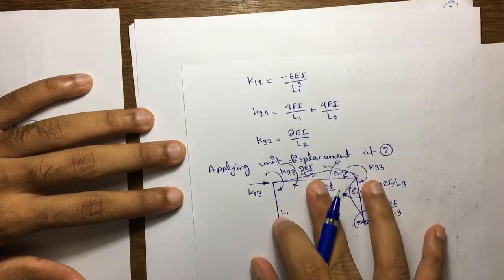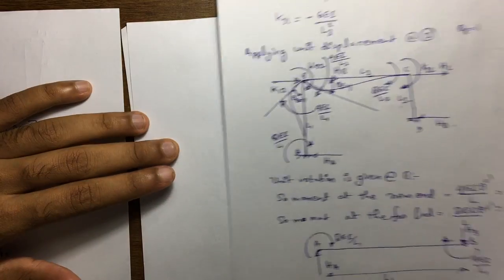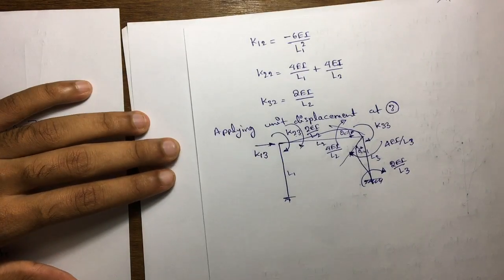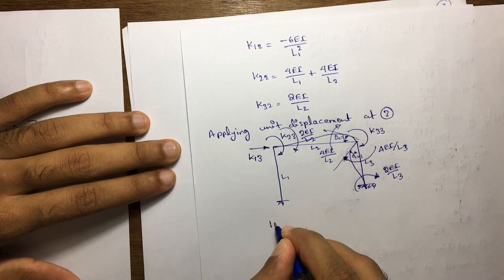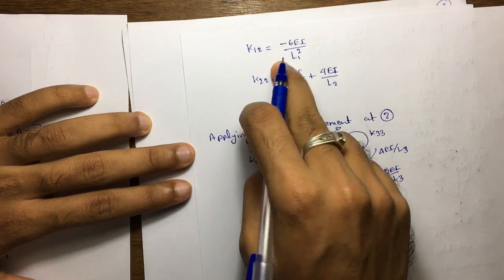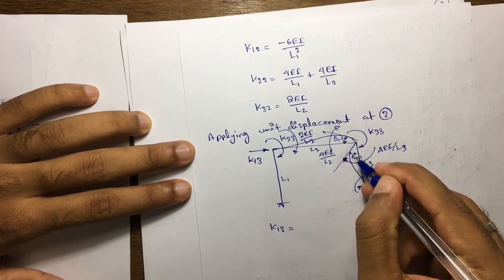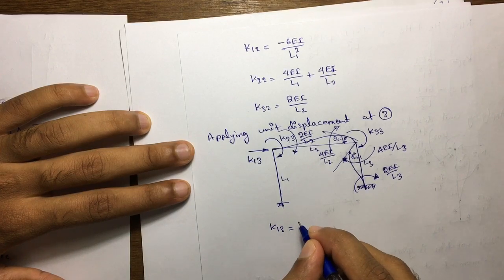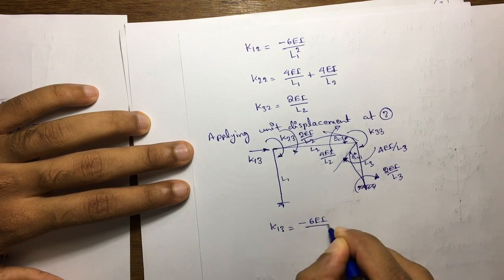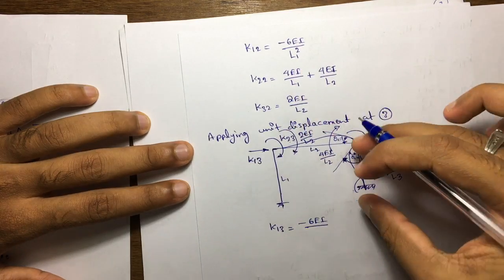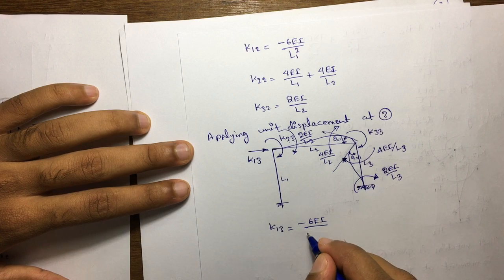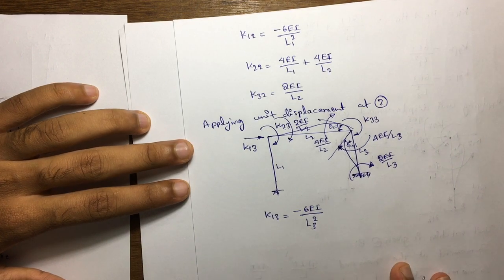We know the derivation we did in the previous step, so we just have to convert that into our present condition. Therefore k13 is equal to, in the previous case it was L1, but in this case it will be L3, deflection on L3. Therefore minus 6EI divided by L3 square.